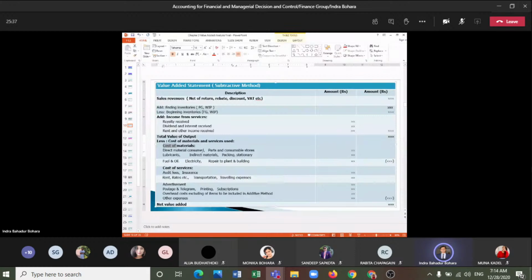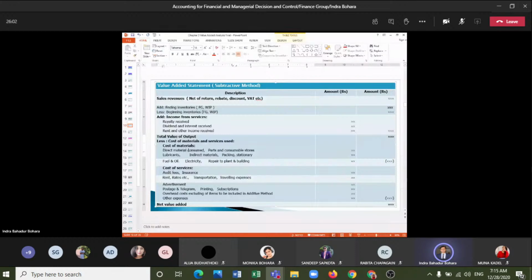Directly you can write what they are under cost of material and service. And the first one is cost of material consumed or direct material consumed. You must know how we calculate cost of material consumed, which you studied at the bachelor level and plus 2 level in preparation of cost sheet, how to calculate direct material consumed or cost of material consumed.